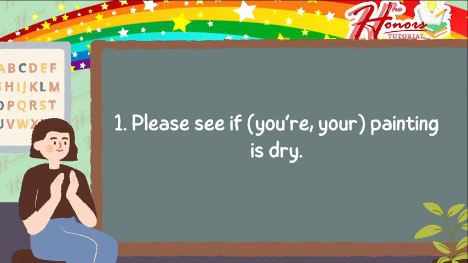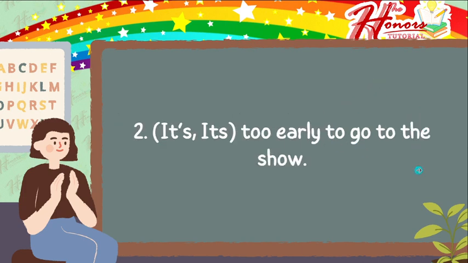Okay, very good. The correct answer is your, because this sentence indicates a possession. Your painting. Next, number two: it's too early to go to the show. What do you think is the correct answer? Is it it's with an apostrophe, or its without one?